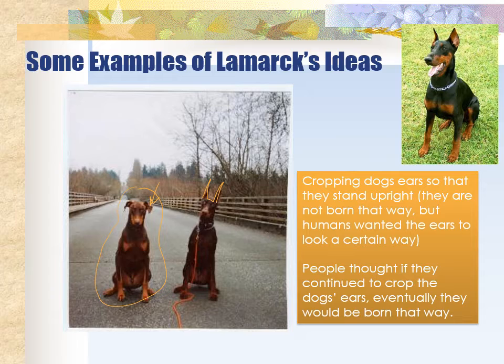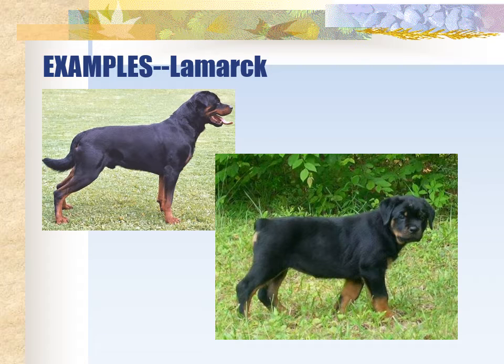But they thought that if they did that enough times, that eventually the ears would just be born like that. Same with tails on dogs. Here's a Rottweiler. We're used to seeing this shape or profile of a dog. That's because they cut the tail off. But this is what it would normally look like, with the actual tail. They thought if they did that enough times that dogs would eventually be born with the desired trait or characteristic they were looking for.